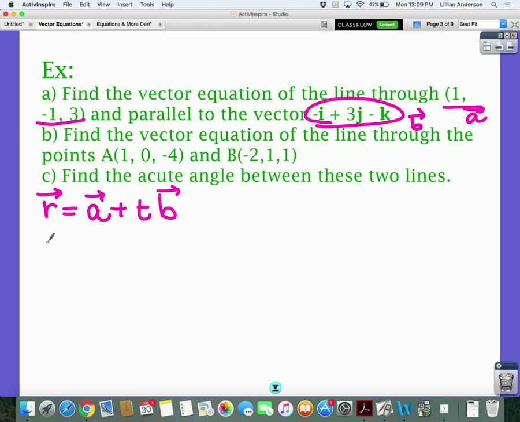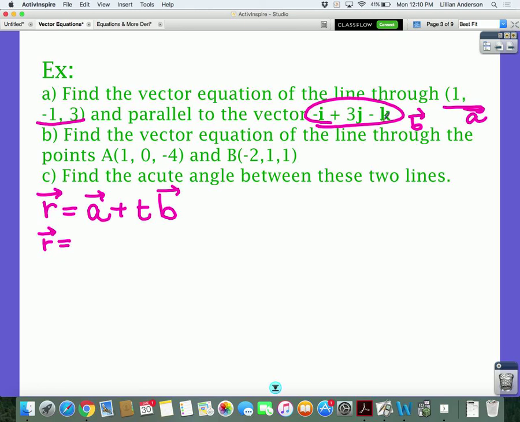Alright? So when you write your equation, you can write it any one of 3 ways. You can write it in column format. You can write it in unit vector format with the i's, j's, and k's. Since my direction vector is already in i's, j's, and k's, let's write it as such, okay? So how would I write 1, -1, and 3 in that format?